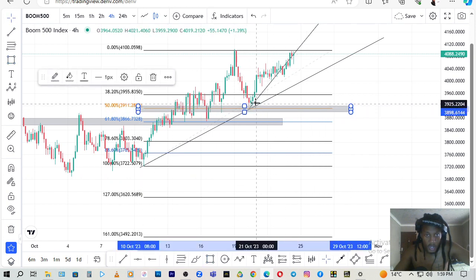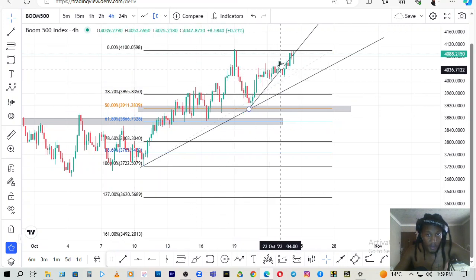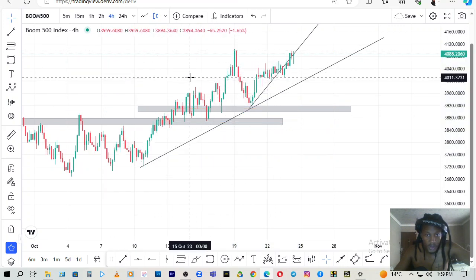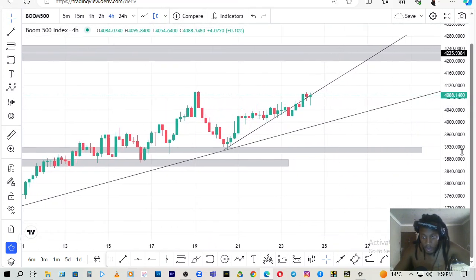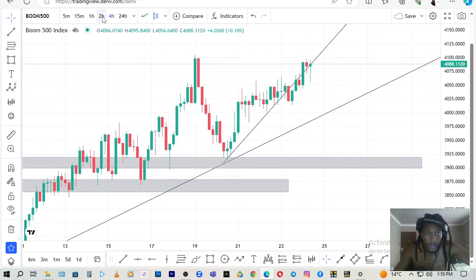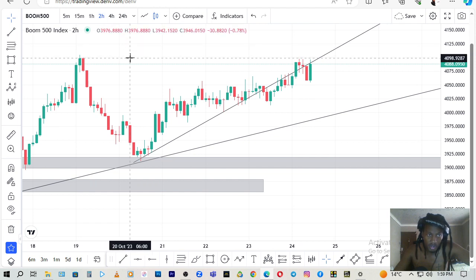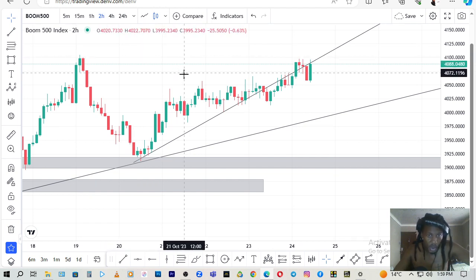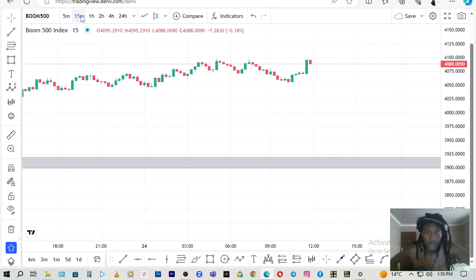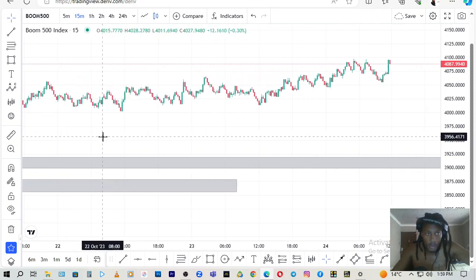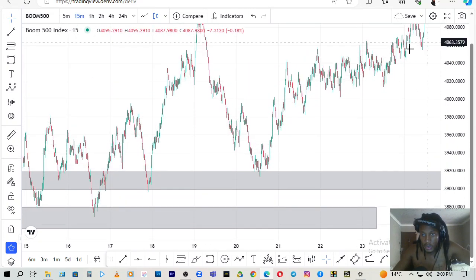This is where we found our support, right? So at the moment we're buying Boom 500. Let me just jump to the 15 minutes, hence we're trying to scalp in. So this is what we have on the 15 minutes.